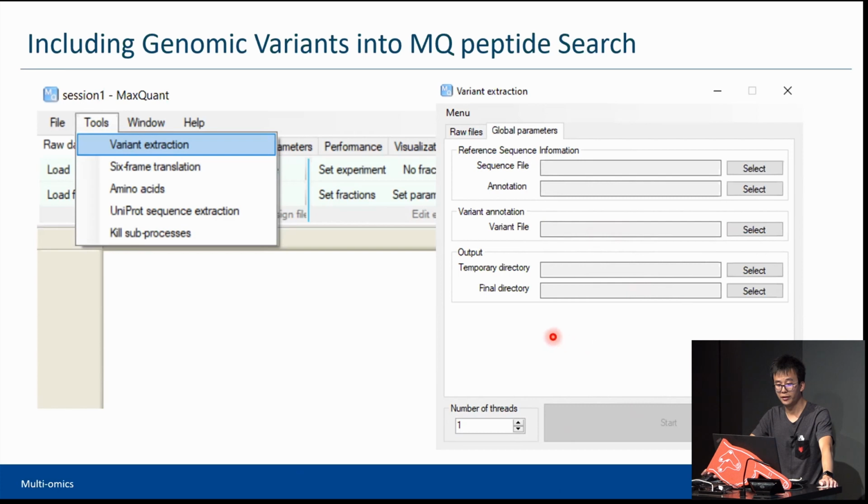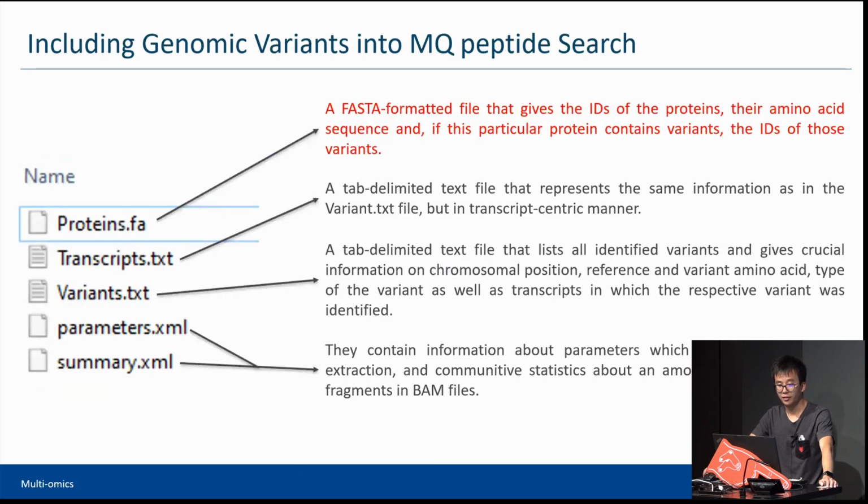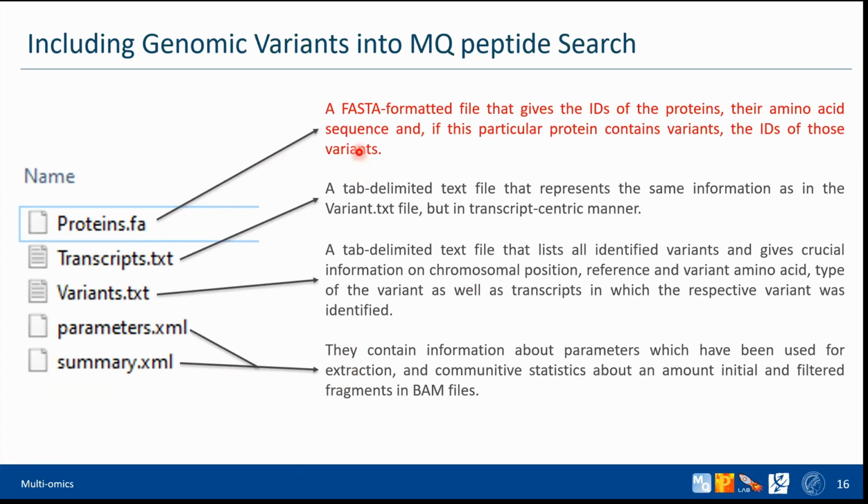it will create a folder in the specified directory, and it will contain 5 files, as you can see here. The most important one is the proteins.fa file. It's a FASTA file that gives the IDs of the proteins and their amino acid sequences, and if a particular protein contains variants, the IDs of these variants.